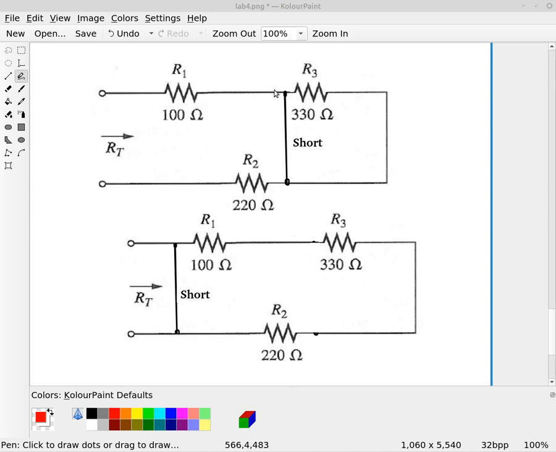So you can see that this wire somehow got right across here between this connection up here and this connection down here.